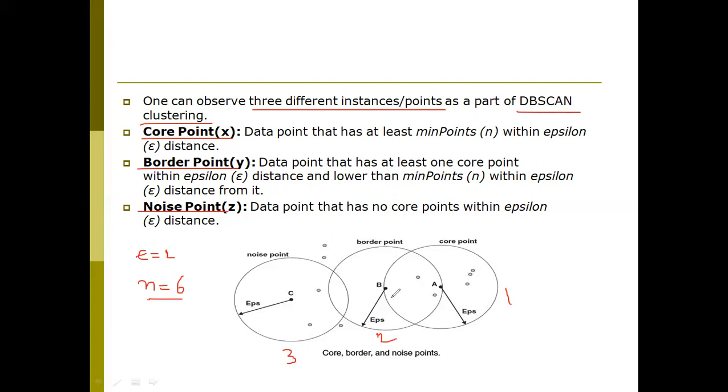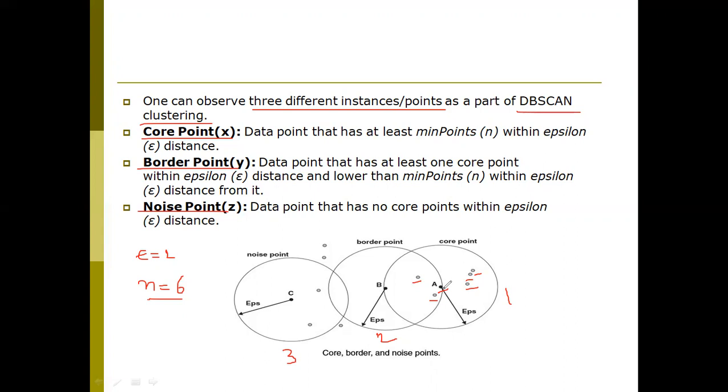This cluster 1 has 6 data points within it. Check it out: 1, 2, 3, 4, 5, 6. It has 6 data points, right?